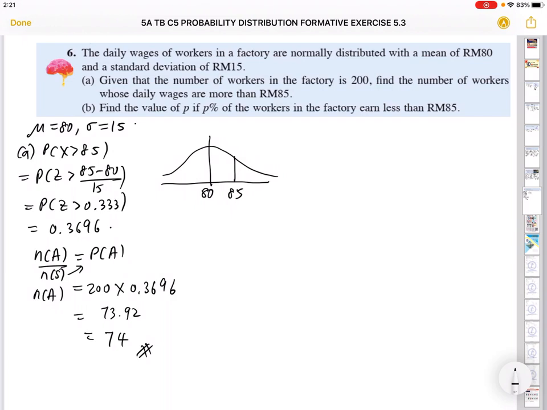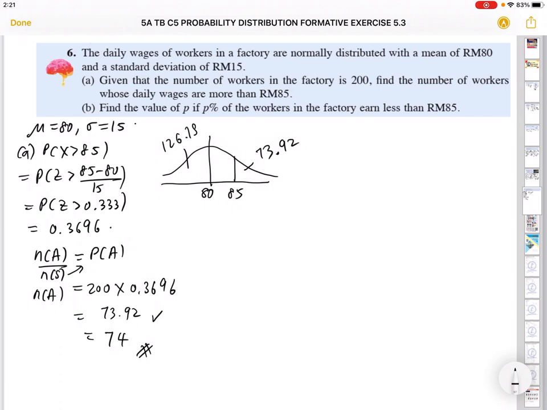If you get 73.92, and some people say I don't have enough for a full person, so I take 73. My total workers are 200, right? When you take 200 minus 73.92, what do you get? You get 126.18.